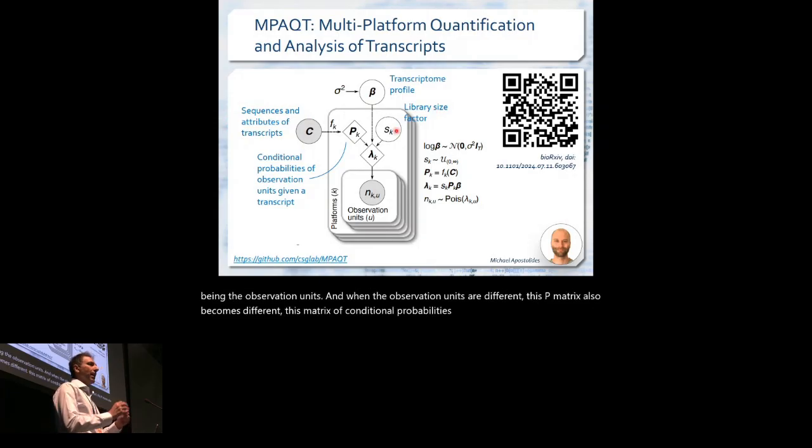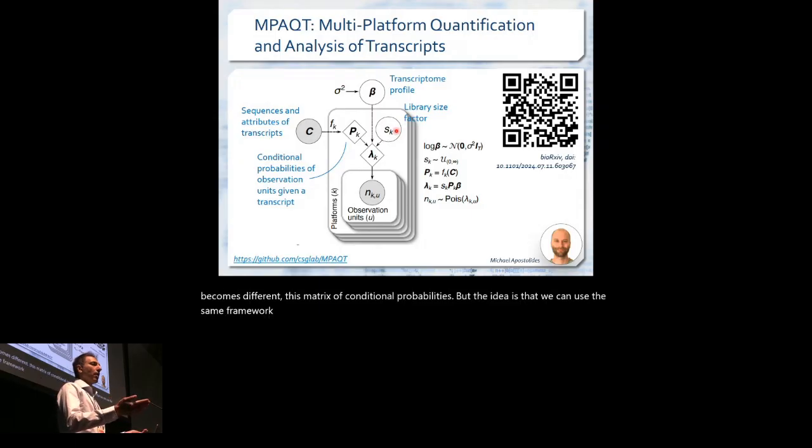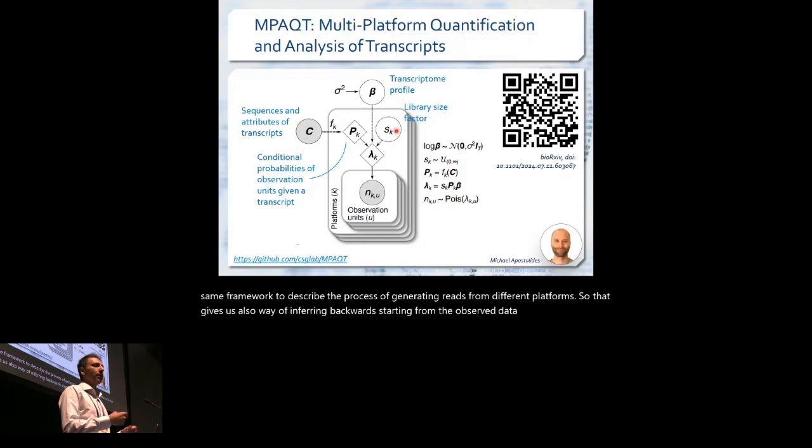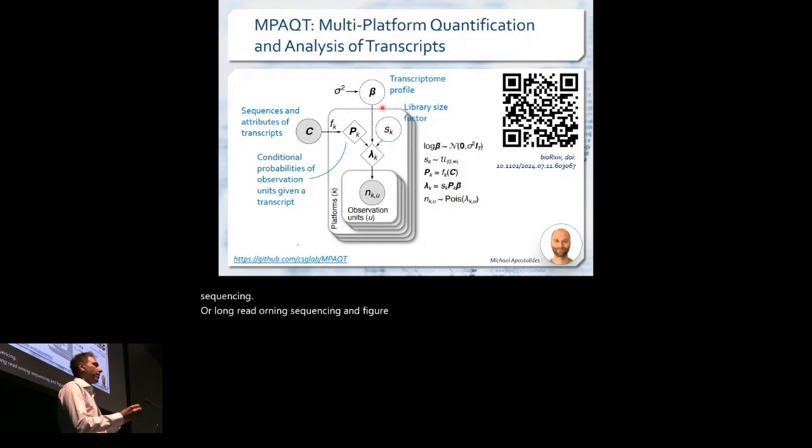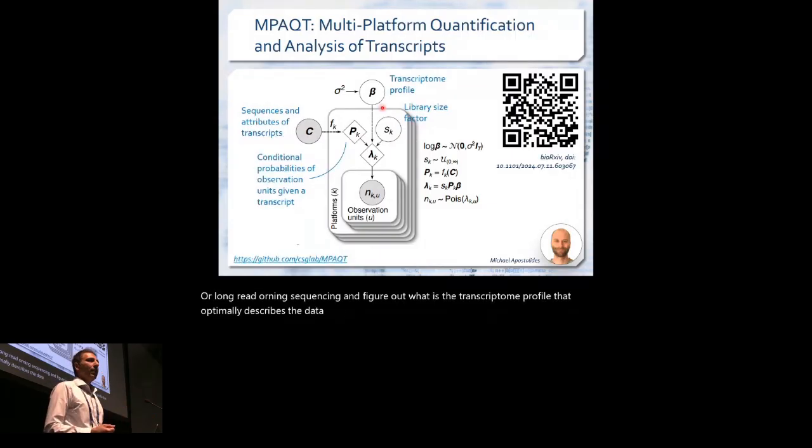But the idea is that we can use the same framework to describe the process of generating reads from different platforms. That also gives us a way of inferring backwards, starting from the observed data in short-read or long-read RNA sequencing, and figuring out what transcriptome profile optimally describes the data that we have observed.